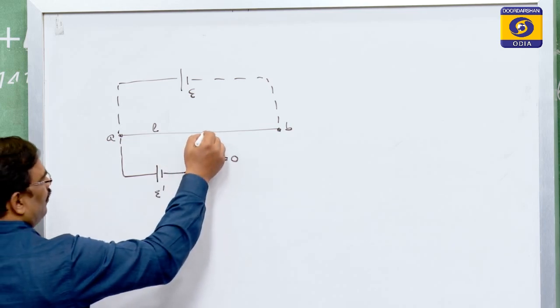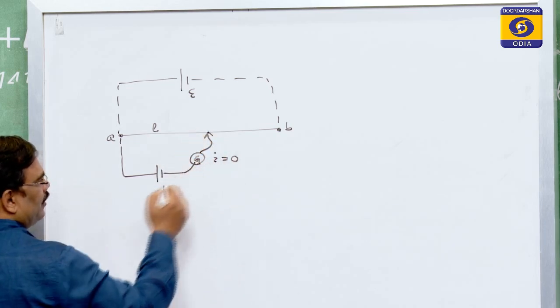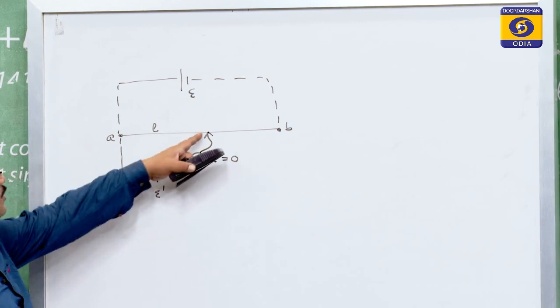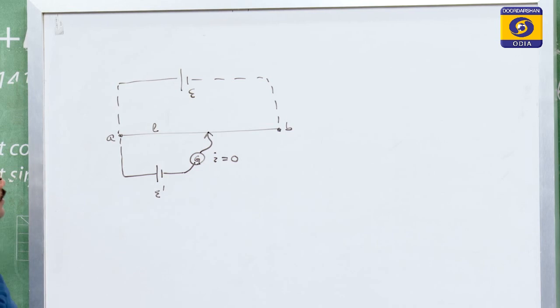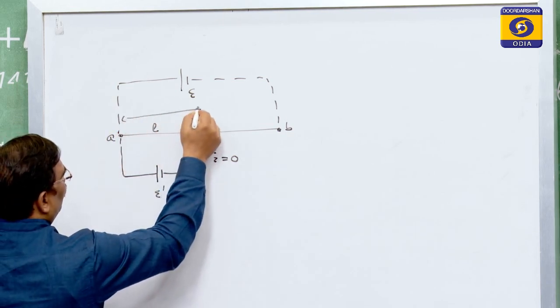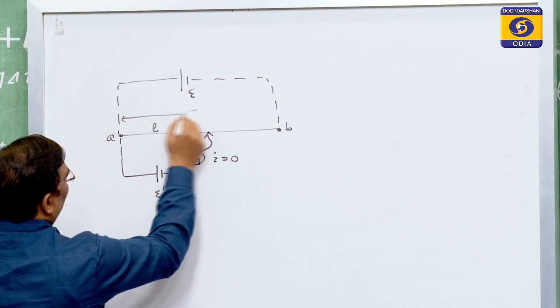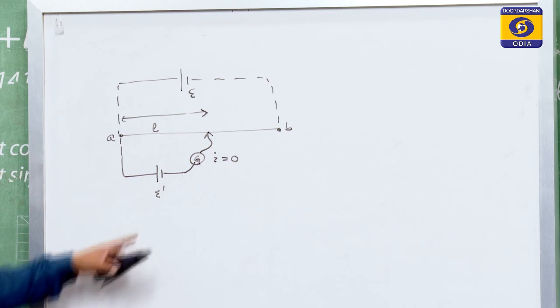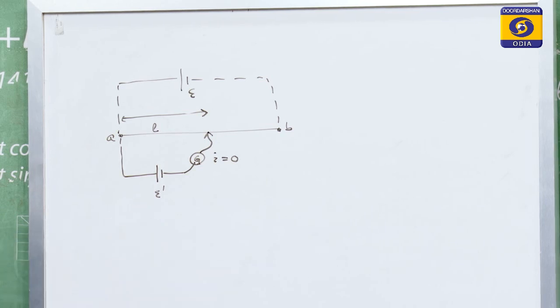Now, if the galvanometer shows 0 deflection, the current through this branch is becoming 0 at this point, it means that the potential across the length L of this wire is equal to the EMF E dash.